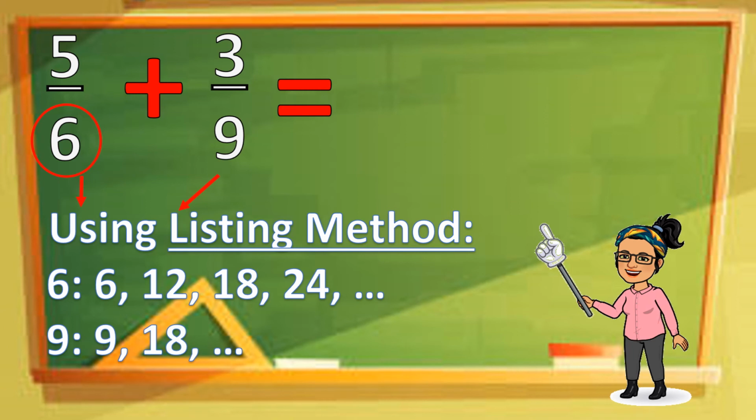Multiples of 9, we have 9, 18, and so on. Again, we stopped at 18 because 18 is already in the list of the multiples of 6. So the LCD, or least common denominator, of 5/6 and 3/9 is 18.